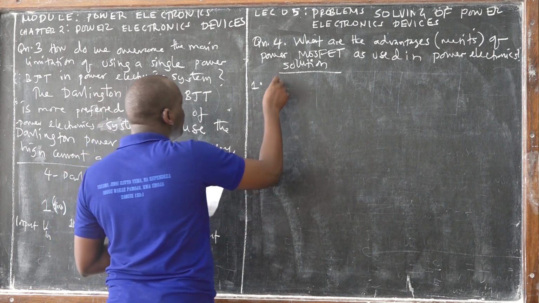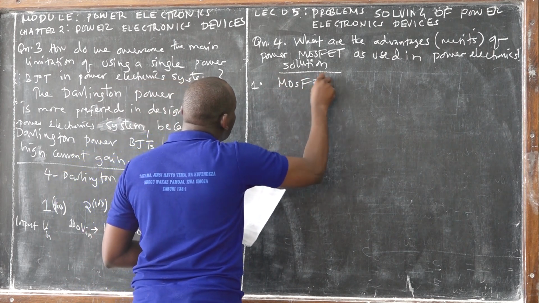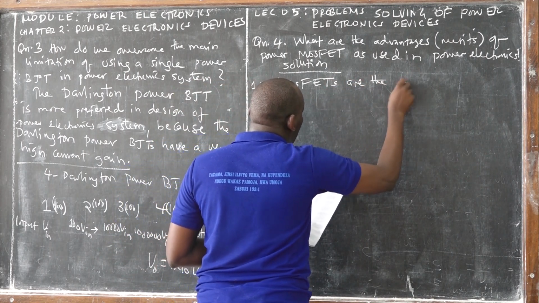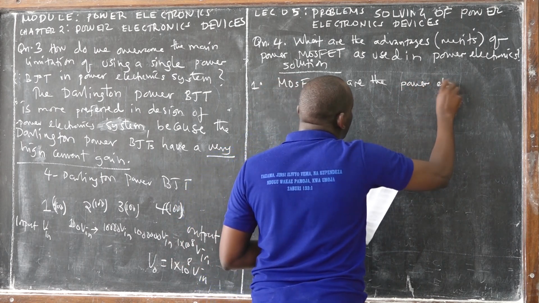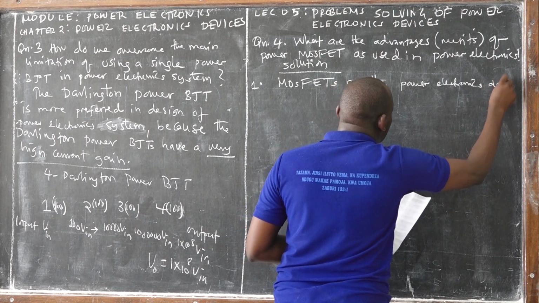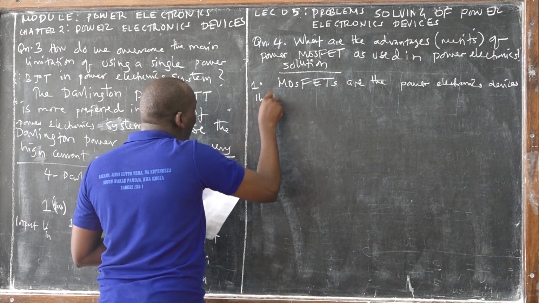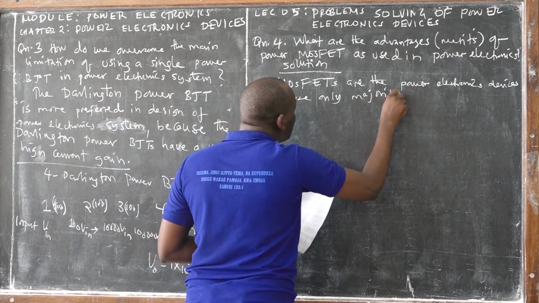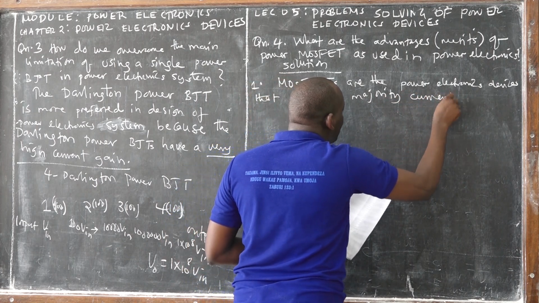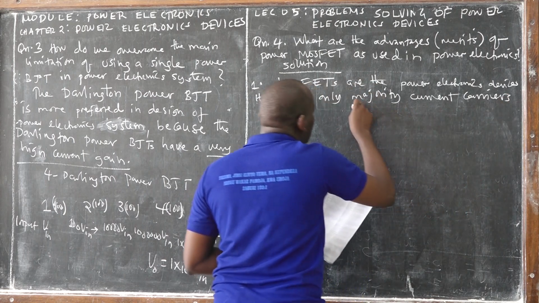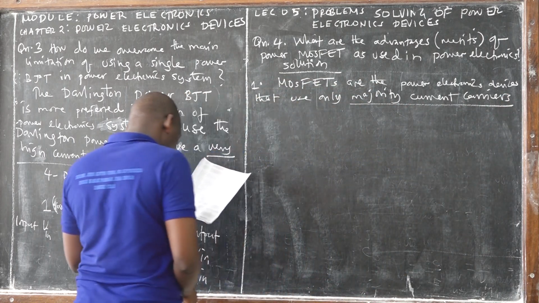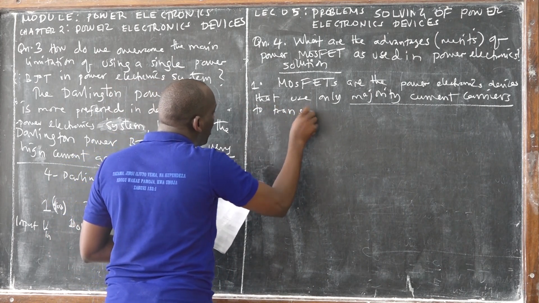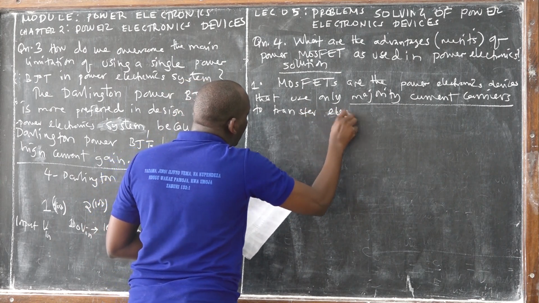The first one, we say that MOSFETs are the power electronics devices that use only majority current carriers to transfer electric current.